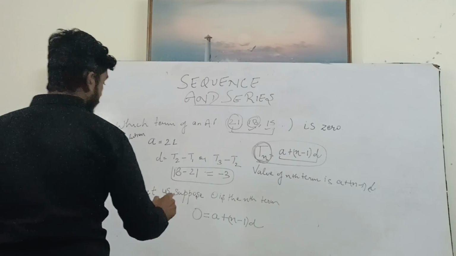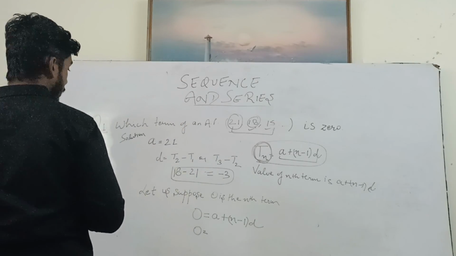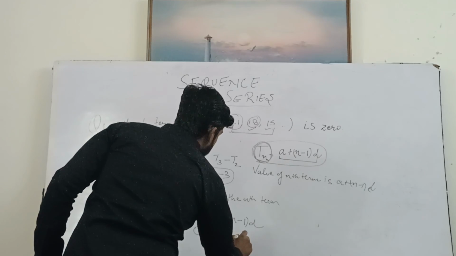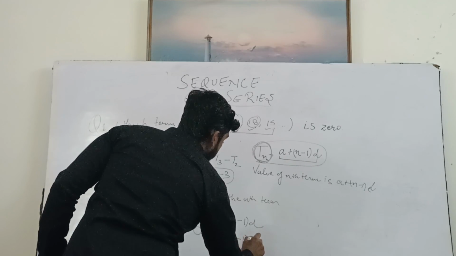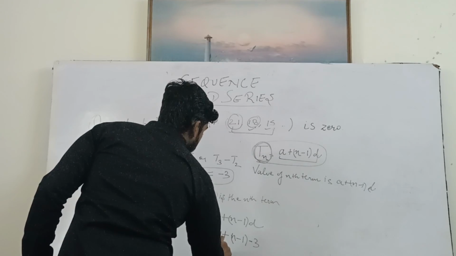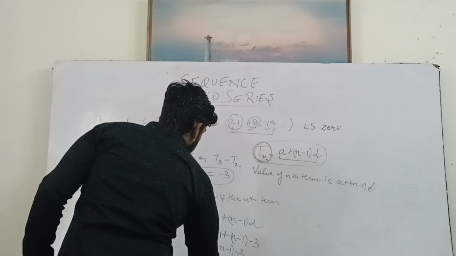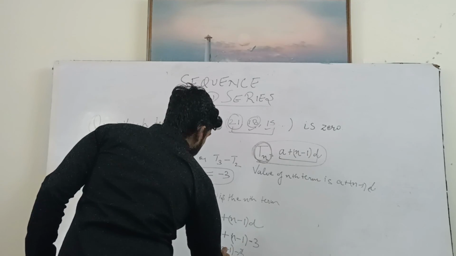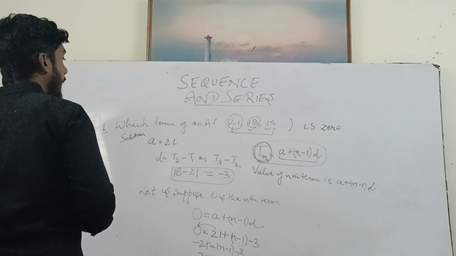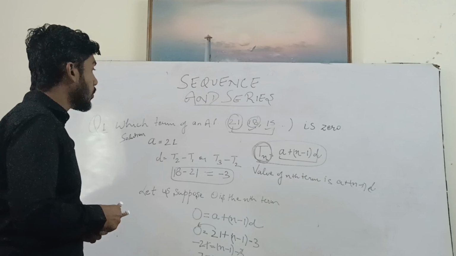Now let's put the values here. So 0 is equal to, in place of a, we can put 21 plus (n minus 1) into minus 3. Take 21 to the left hand side. Now this is pure maths, pure algebra, solving of an equation. Cancel this out. 7 is equal to n minus 1, and n becomes 8. So this means that the value of n is coming out to be 8.